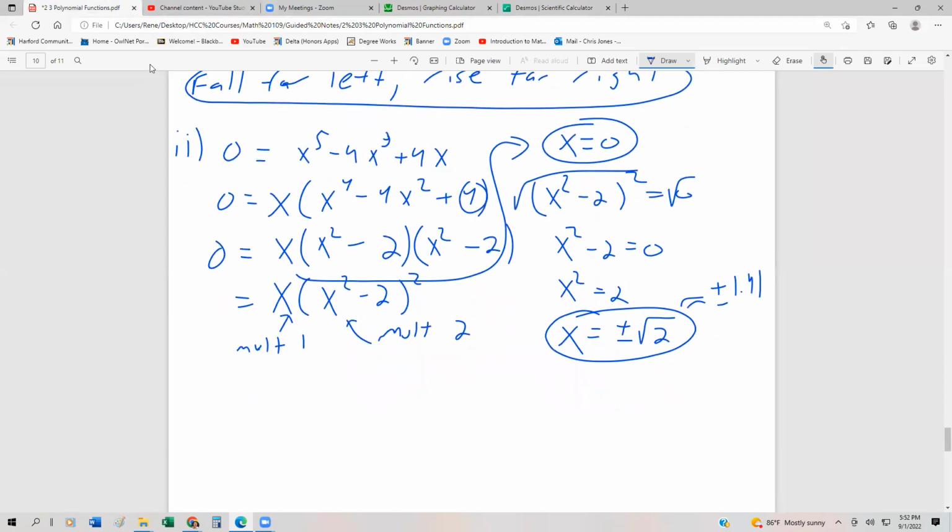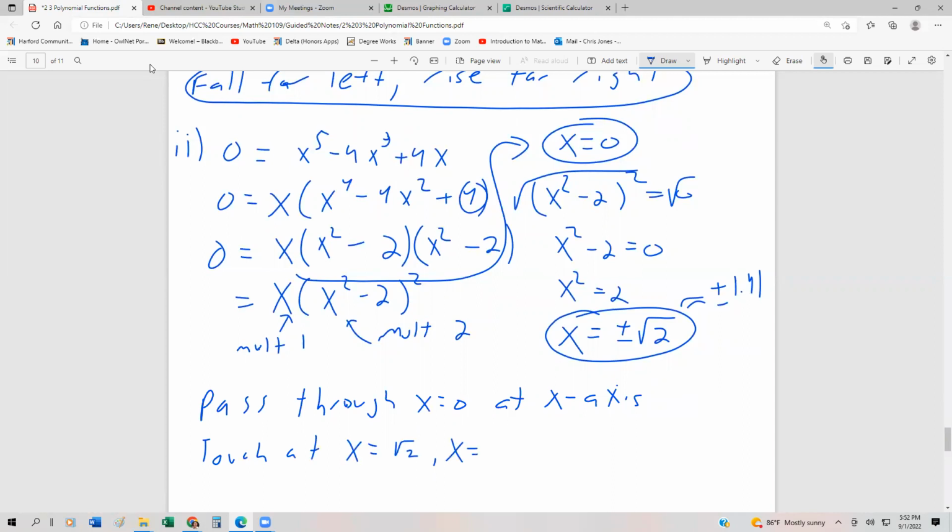So what's going to happen is it's going to pass through when x equals 0 at the x-axis. But also what's going to happen is it's going to touch at x equal root 2, x equal negative root 2, and turn around.